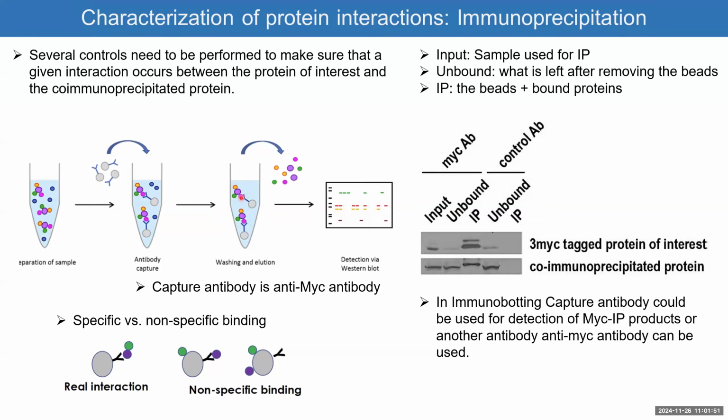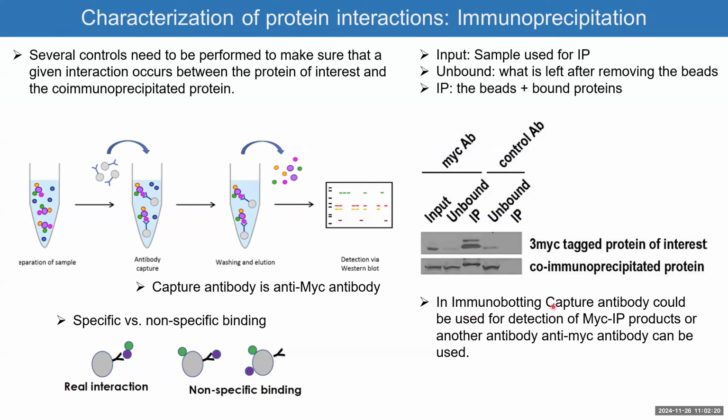So when we take these out, everything that stays in blue here, we load it as a control, and then we load these ones there, and then we can detect if this protein is found or not. And the antibodies you're using for immunoprecipitation could be used for the Western blotting as well. So you could use this antibody here on the membrane later on.